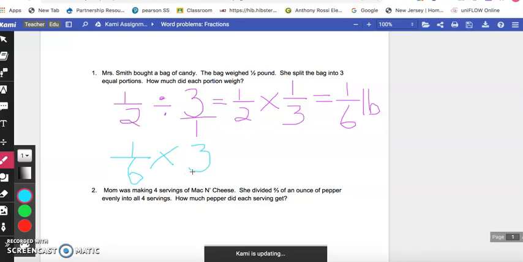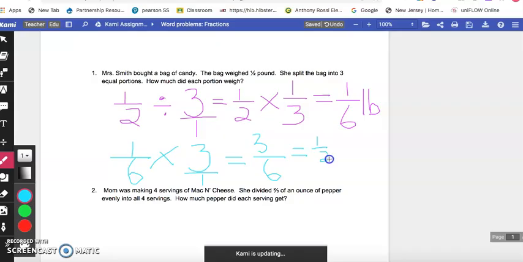And again, in order to do that, I put my 3 over 1 to make a fraction times a fraction, and then I multiply across. And if you notice, 3 times 1 is 3, 6 times 1 is 6, and if we reduce 3/6, we get 1/2.